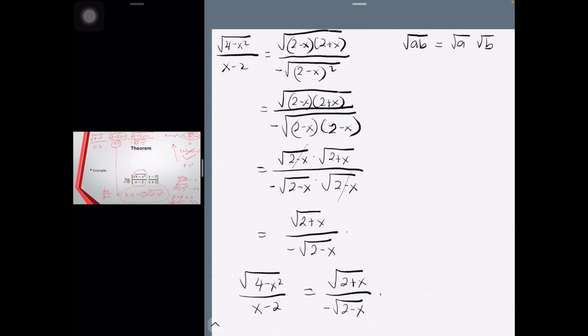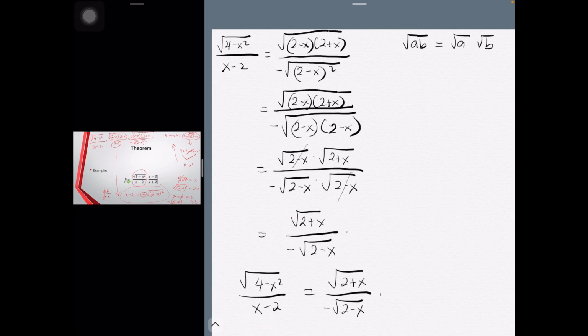Now, for those who want to verify it, if you rationalize the denominator, I hope you can remember that, you'll actually go back to this one right here. Okay? So there.